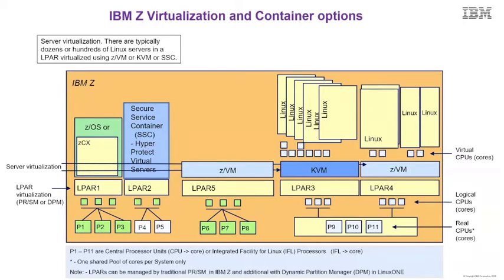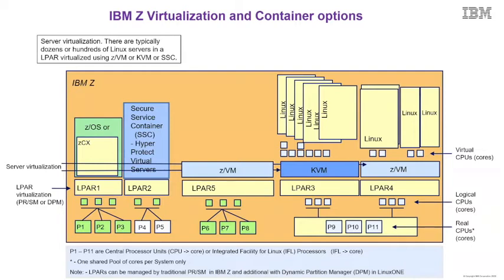Even though you don't see it on this chart, you can even mix and match IFLs and CPs in the same z/VM. So with a z/VM hypervisor, you can mix z/OS or VSE with Linux in the same hypervisor, just so you know.